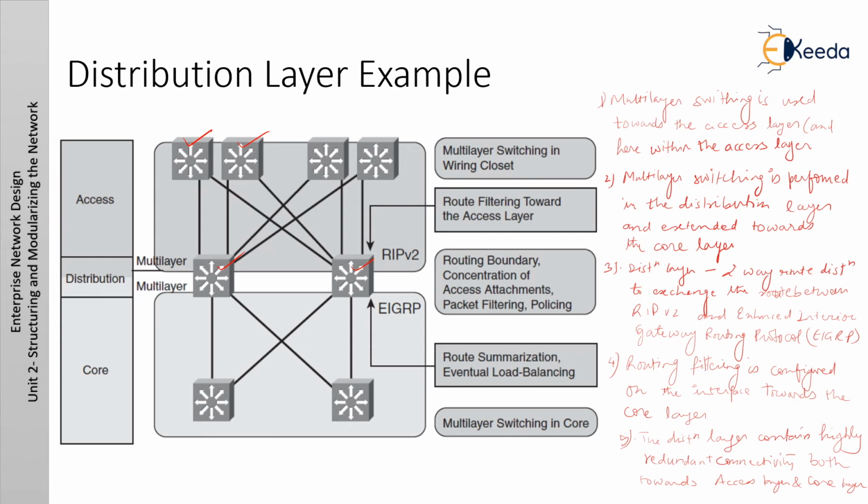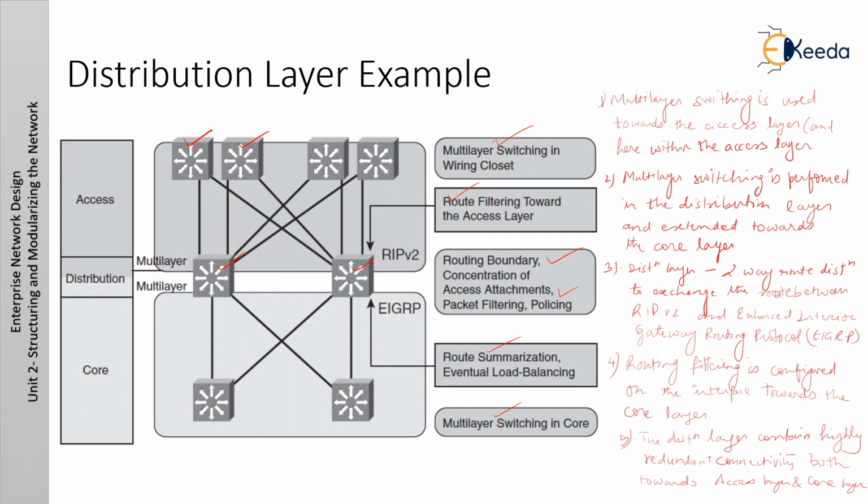There are also protocols: Routing Information Protocol version 2 and Enhanced Interior Gateway Routing Protocol. Each of these has a specific function: multi-layer switching in the wiring closet, route filtering towards the access layer, routing boundary, concentration of access attachment, packet filtering and policing, route summarization, load balancing, and multi-layer switching in the core.